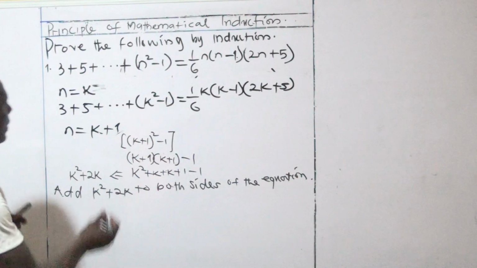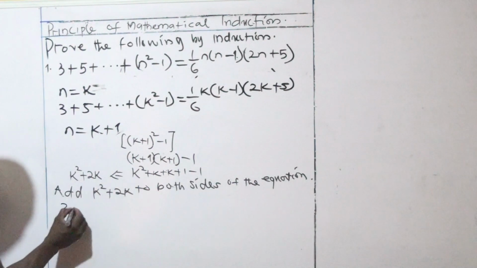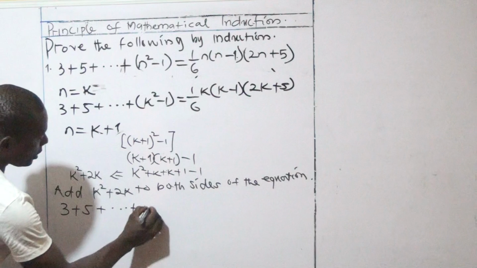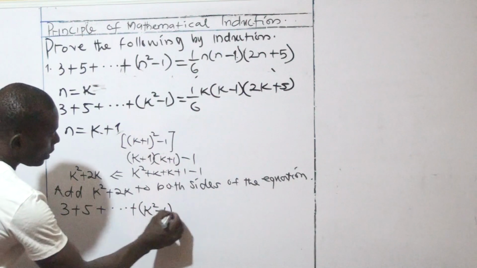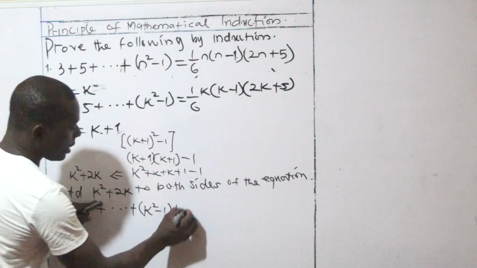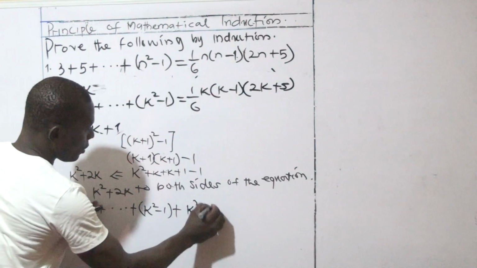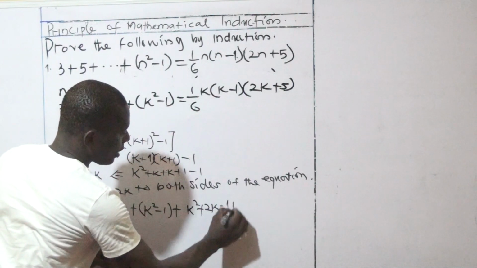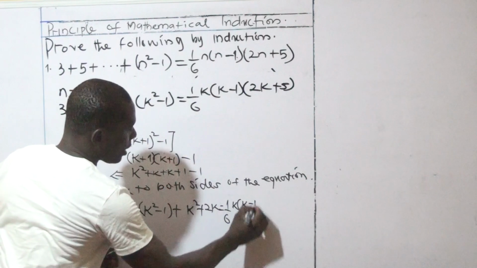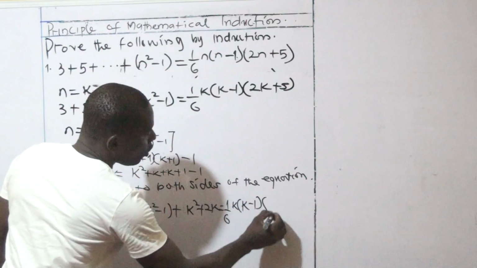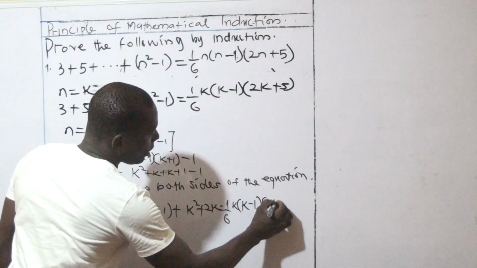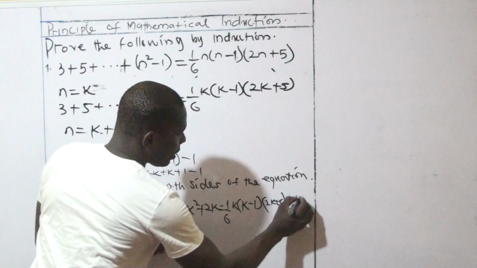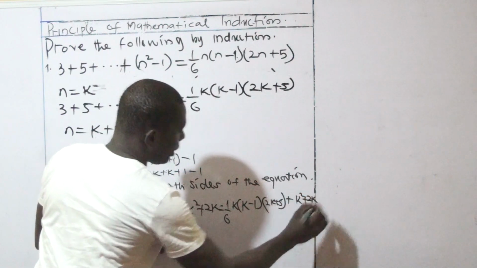And our equation here is 3 plus 5 plus ... plus k squared minus 1, plus this quantity here, the same, k squared plus 2k, equals 1 over 6, open bracket k minus 1, open bracket 2k plus 5, plus this term, k squared plus 2k.